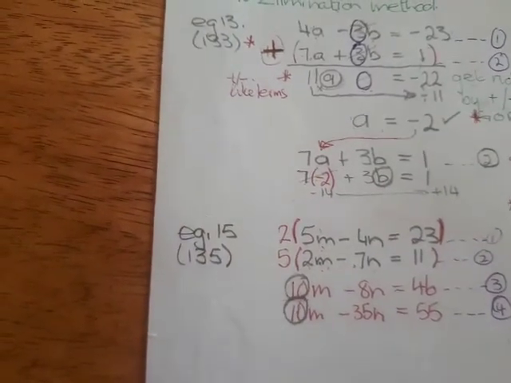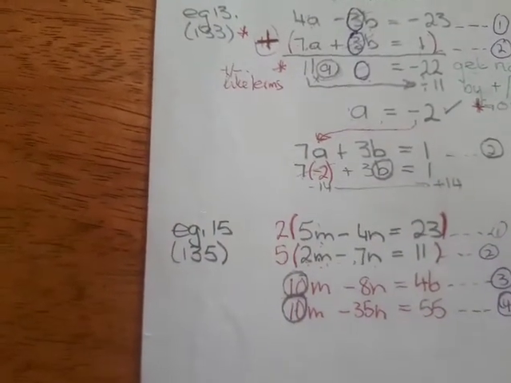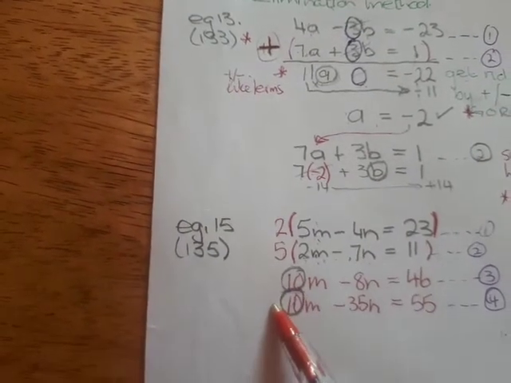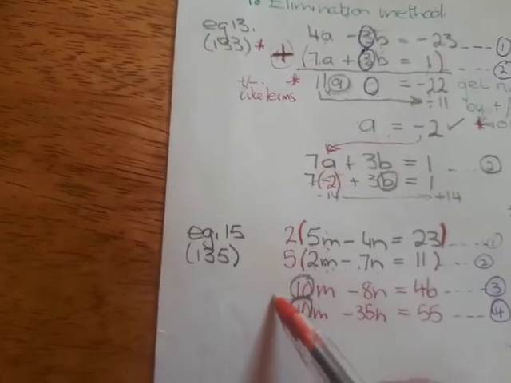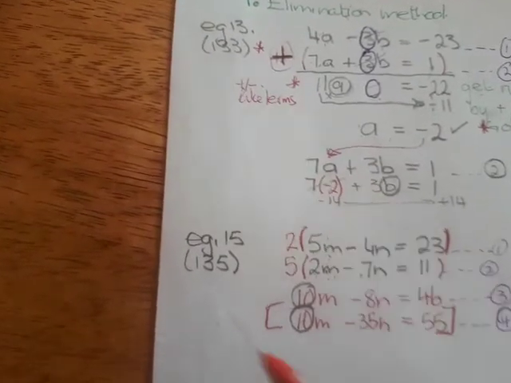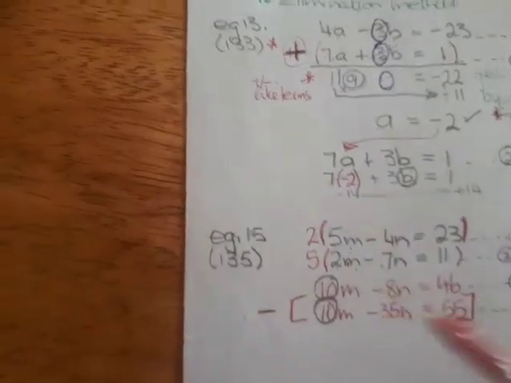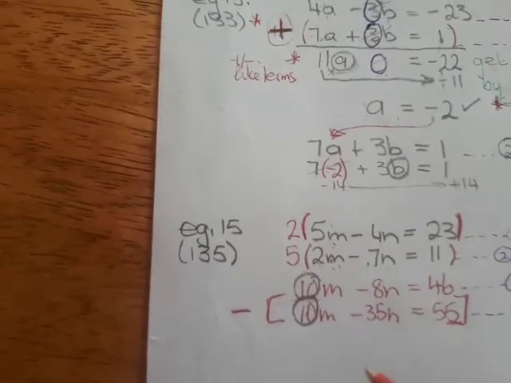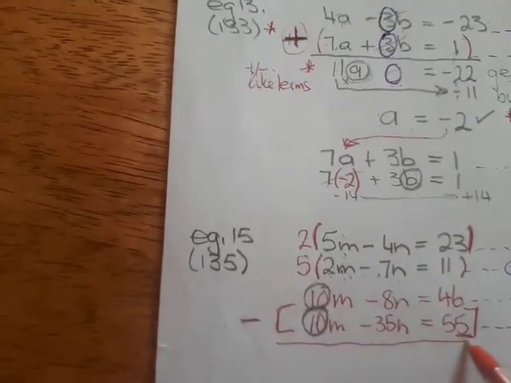So in this case, if you look at the signs of the 10, both of these are positive, so I will have to subtract. Subtract the second equation from the first equation to make m 0.